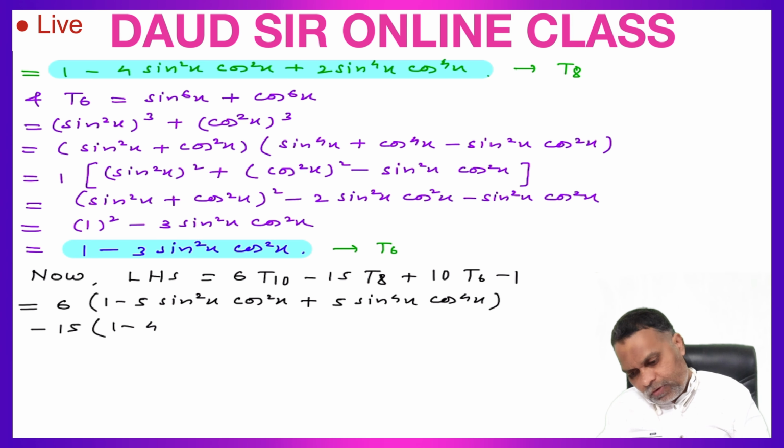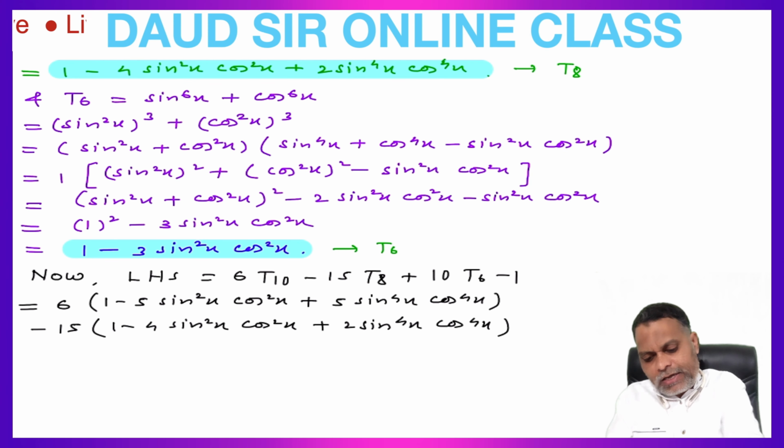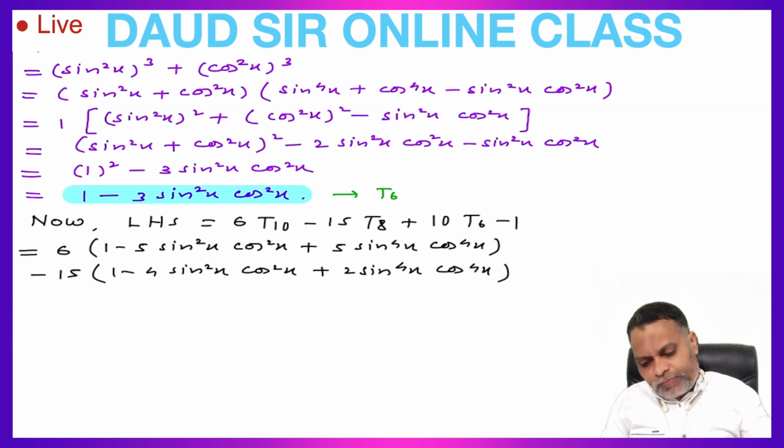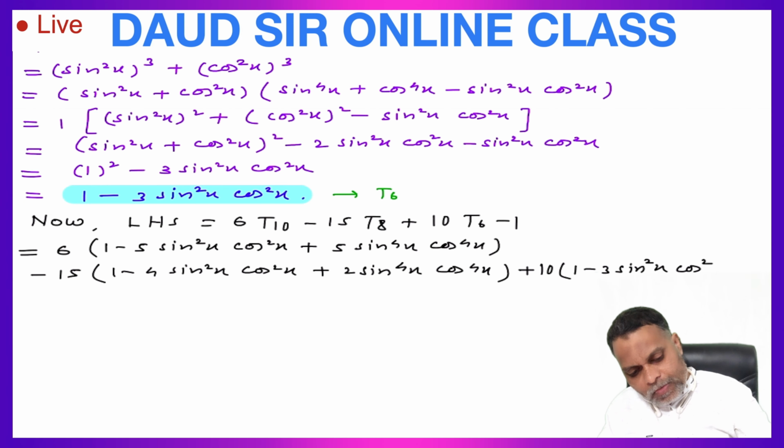1 minus 4 sine square x cos square x plus 2 sine raised to the power 4x cos raised to the power 4x, and plus 10 t6, this 1 minus 3 sine square x cos square x, and minus 1 also.